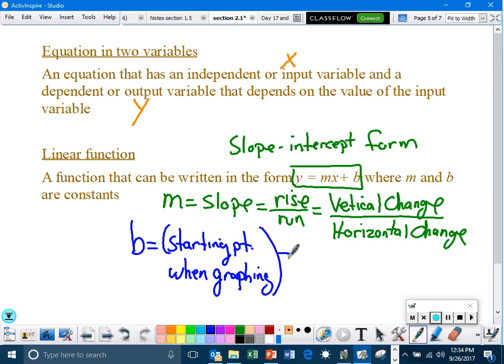Okay, we call that the y-intercept. Hence, slope-intercept form.